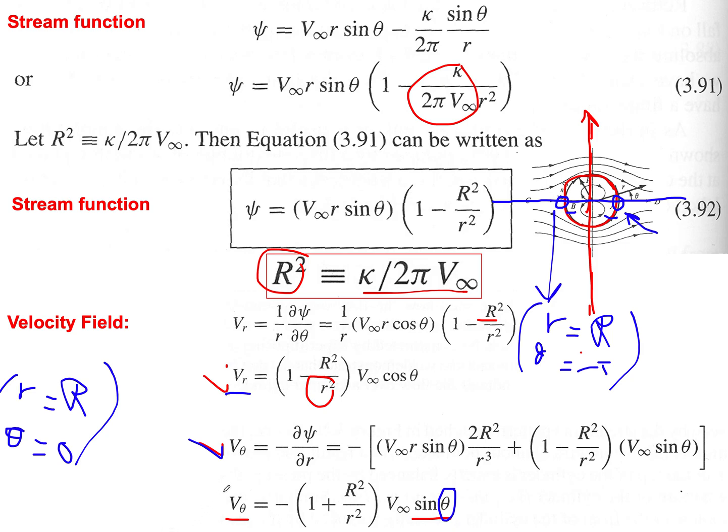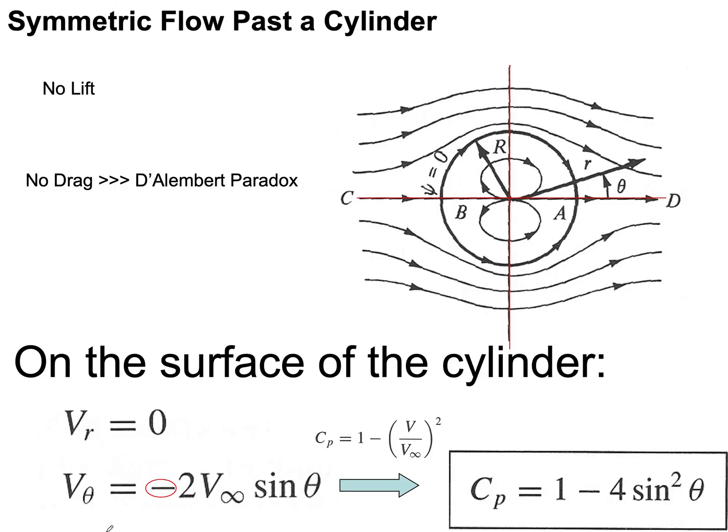Now I plug in for V, which is Vr squared plus V theta squared, but since Vr is 0, I'm just going to use V theta for V body. So plug V theta for V body here in the pressure coefficient. So now we find the pressure distribution over the whole cylinder surface.